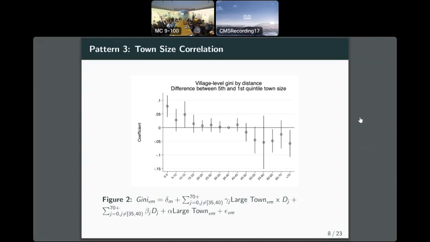You saw the scale of lighter colored tiles close to that larger town, and that's what this third pattern says: the larger the town is, the worse the inequality gets around those towns.